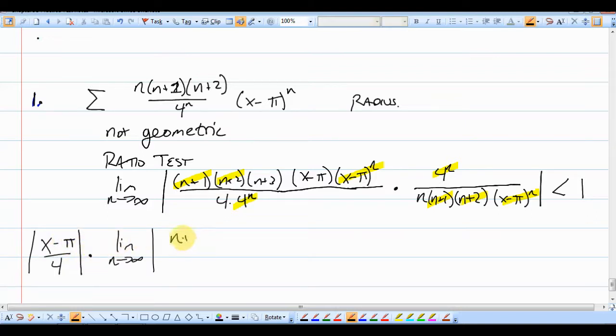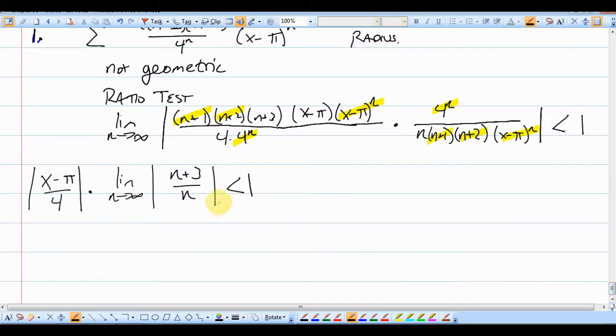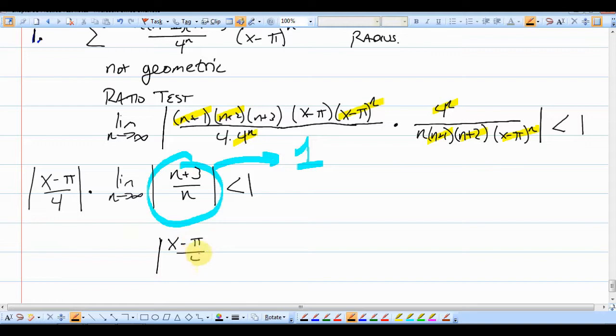And then we have n plus 3 over n. Force that to be less than 1. This limit here is 1. So we get absolute value of x minus pi over 4 is less than 1.